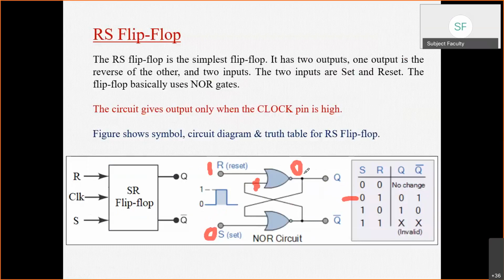Now this 0 is propagated through this connection and comes here. So now what are the inputs to this NOR gate? 0, 0. Both inputs are 0, 0. That means the output will be 1.